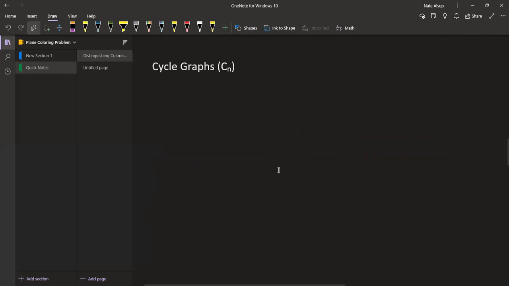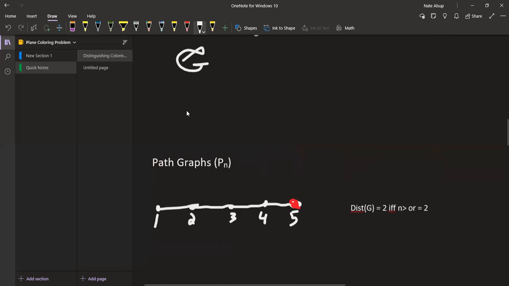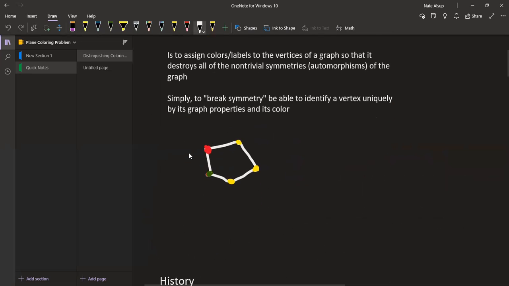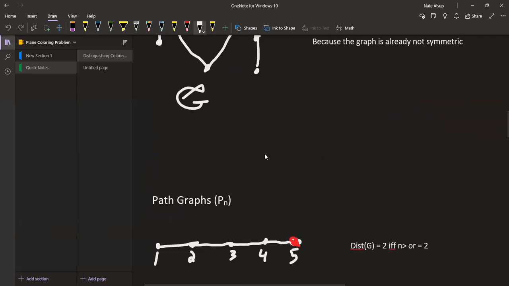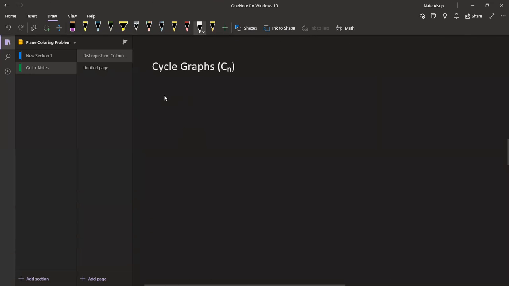All right, now moving down to cycle graphs. Okay, we're going to do 2 different graphs. We already showed the 5 cycle up here that has to have 3. So let's do a 4 cycle.